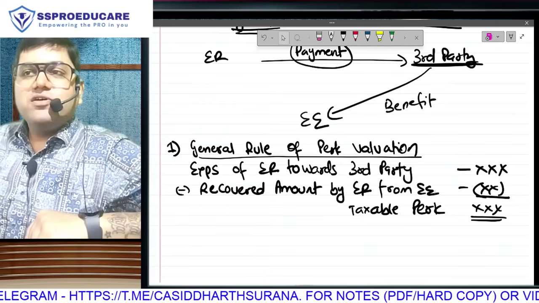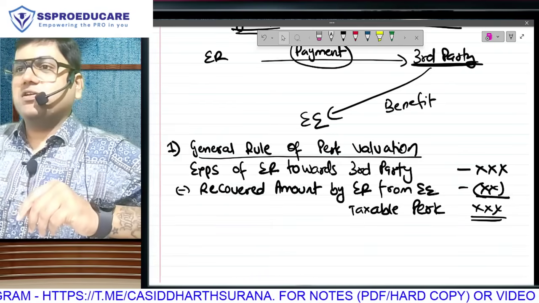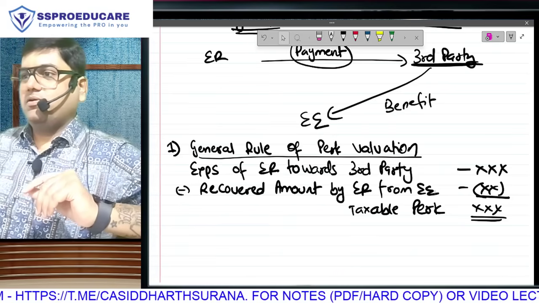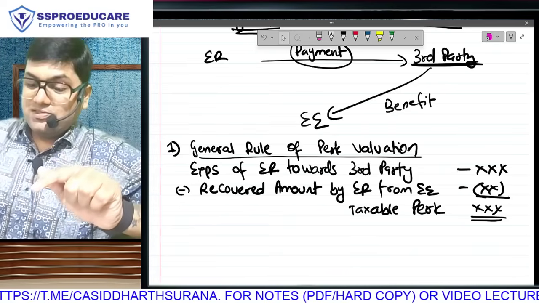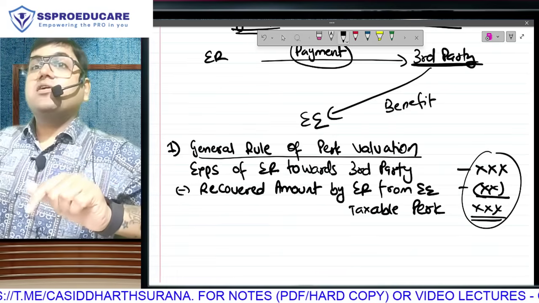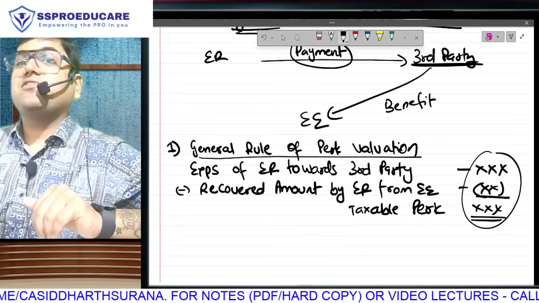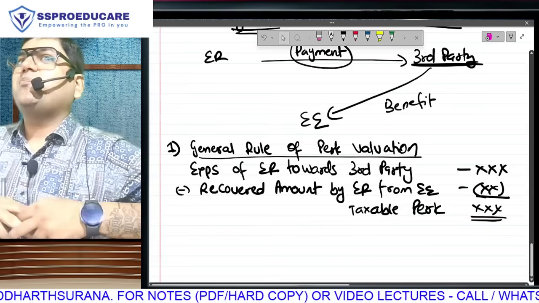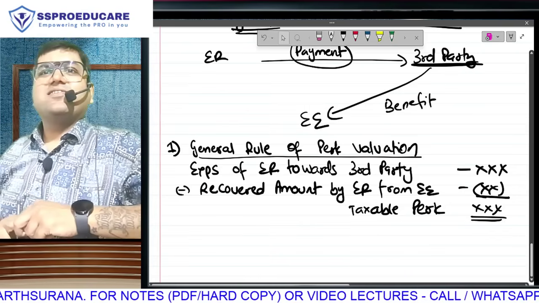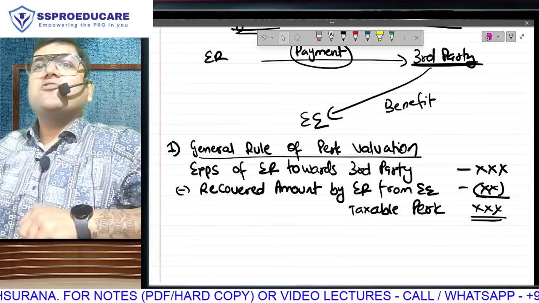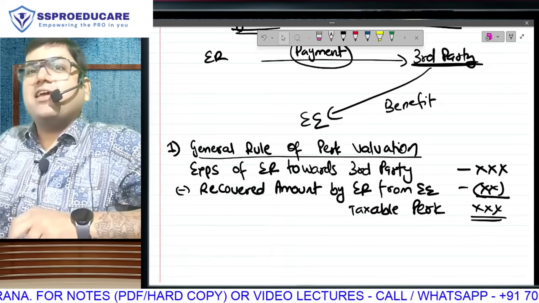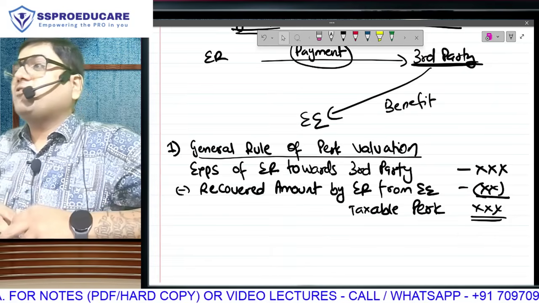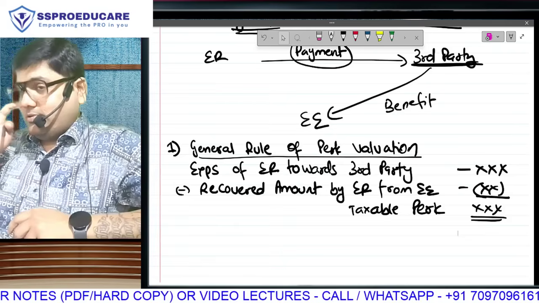If your boss is paying some school for admission of your children, whatever boss pays will come here. But if your boss itself is an educational institution and not charging fees to your children, that can't come here because there is no expenditure. If your boss is paying a hospital bill, that can come here. But if your boss itself is a hospital, that can't come here.